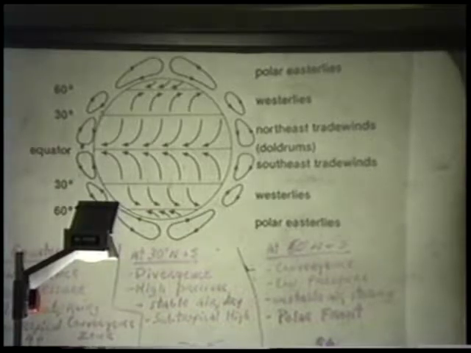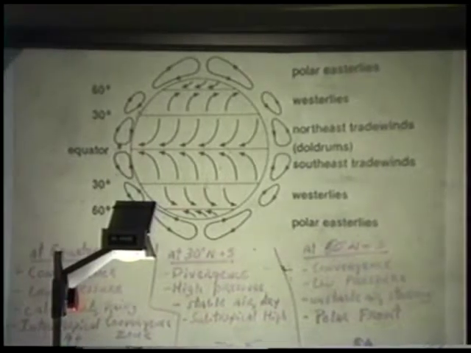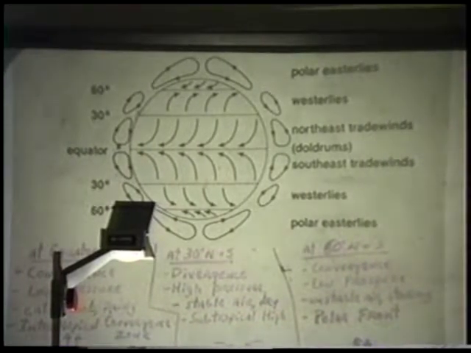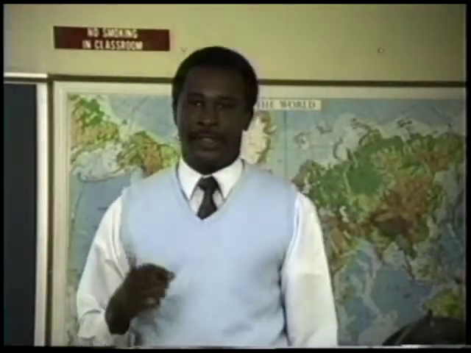At 90 degrees north and 90 degrees south, above the North Pole and the South Pole, you have another belt of high pressure over the North Pole and the South Pole.